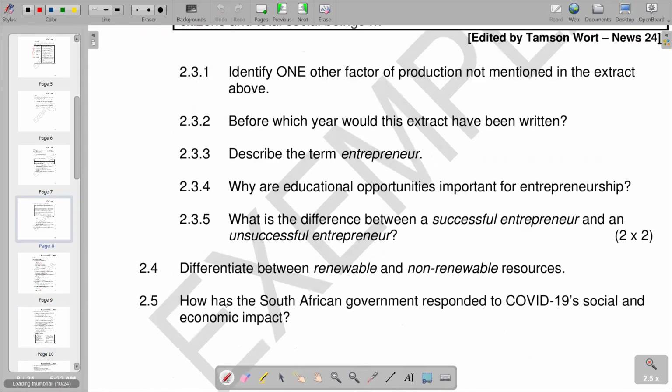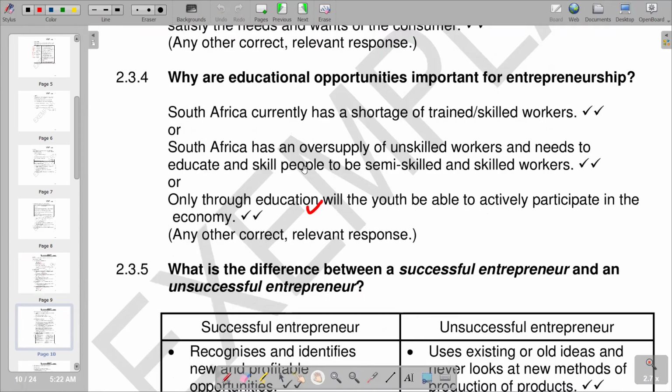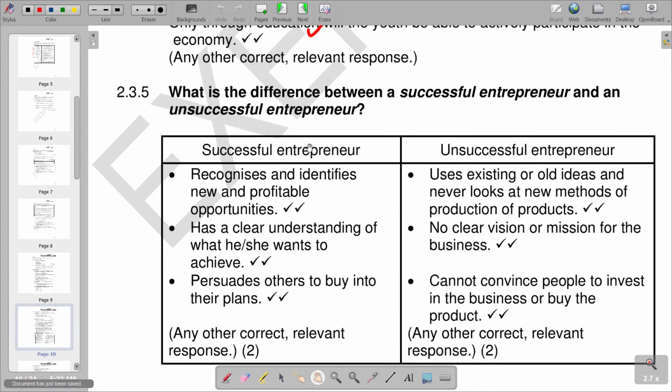So we move on to the next part, which is saying, what is the difference between a successful entrepreneur and an unsuccessful entrepreneur? So we have also that articulated in the section whereby we've got a table whereby for a successful entrepreneur we are going to have a successful entrepreneur recognizes and identifies new profitable opportunities.